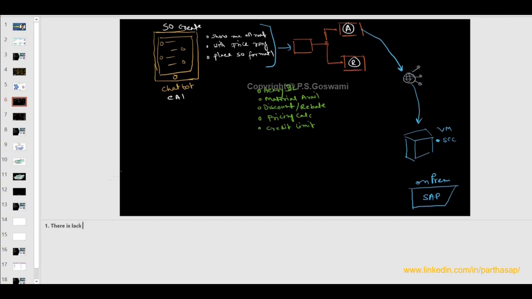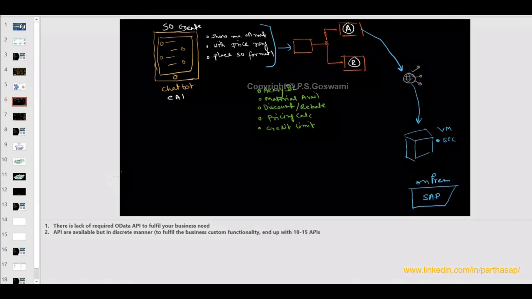There is a lack of the required data API to fulfill your business need. Or APIs are available, but in a discrete manner. Discrete means that to fulfill a single custom functionality, you may end up with multiple APIs, let's say 10 or 15 APIs.